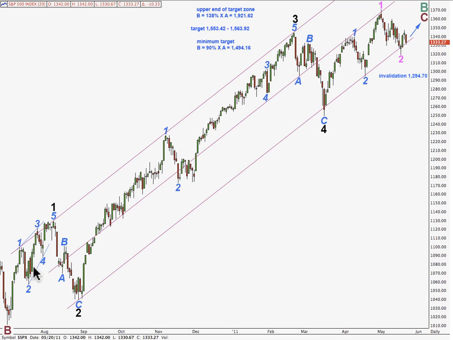Within primary wave C, we have 1, 2, an extended third wave, fourth wave zigzag, and a fifth wave working up. There is no alternation in structure between 2 and 4 at black or intermediate degree, but there is alternation in depth. 2 was a deep correction, and 4, in relation to the third wave it corrected, was a very shallow correction.